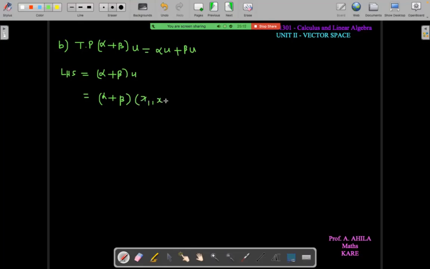Now I consider this alpha plus beta as a single scalar, and I operate this alpha plus beta with x1 and x2. Okay, the scalar multiplication. So how I write it is, I keep this alpha plus beta together: ((alpha plus beta) into x1, (alpha plus beta) into x2).